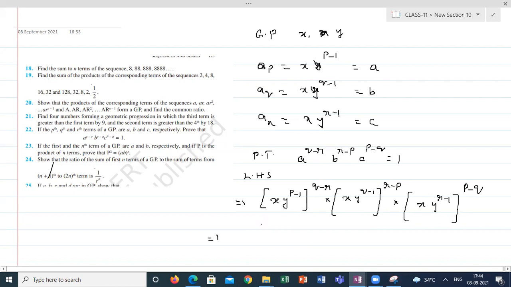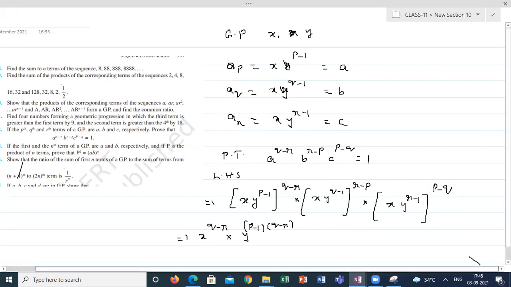If I open up the brackets, X power Q minus R into Y power P minus 1 into Q minus R. Careful guys, it's a little bit lengthy calculation, more than that nothing.